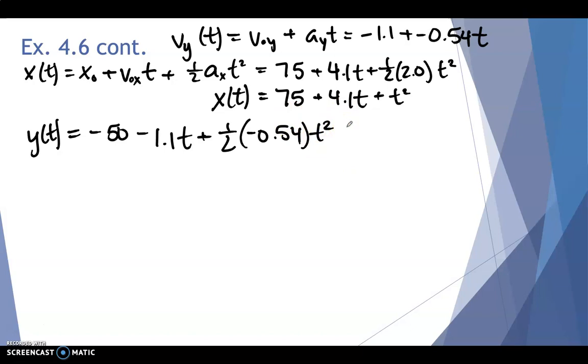So let's see, 0.5 times 0.54. Let's rewrite this as negative 50 minus 1.1 t minus 0.27 t squared. So this is our position function in the y direction.